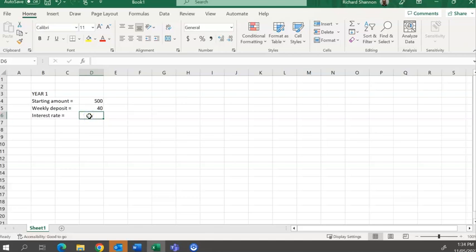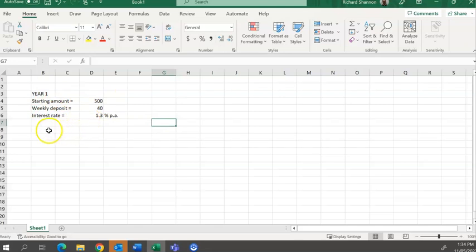Let's say the bank gives you, I don't know, 1.3%. Just next to it, put in percent P.A., percent per annum. All right, so that's our starting stuff there.